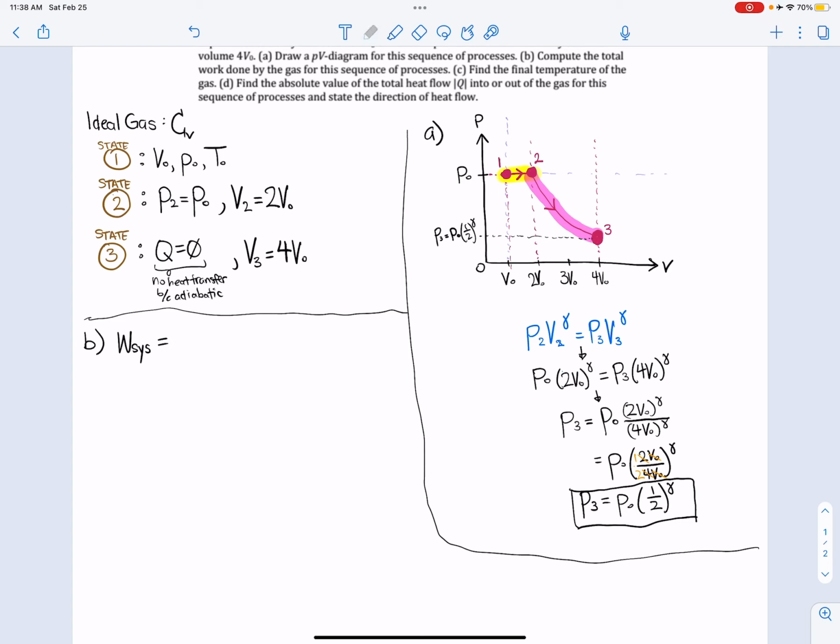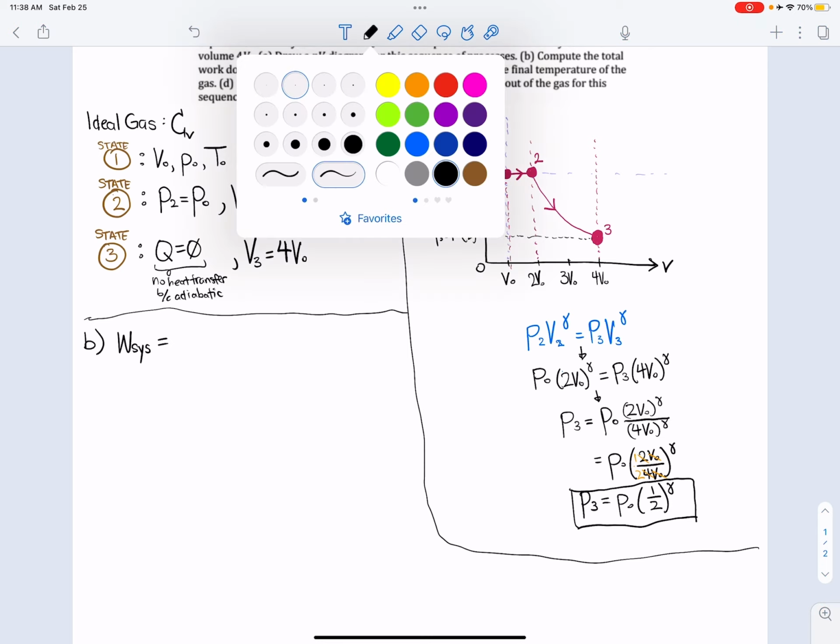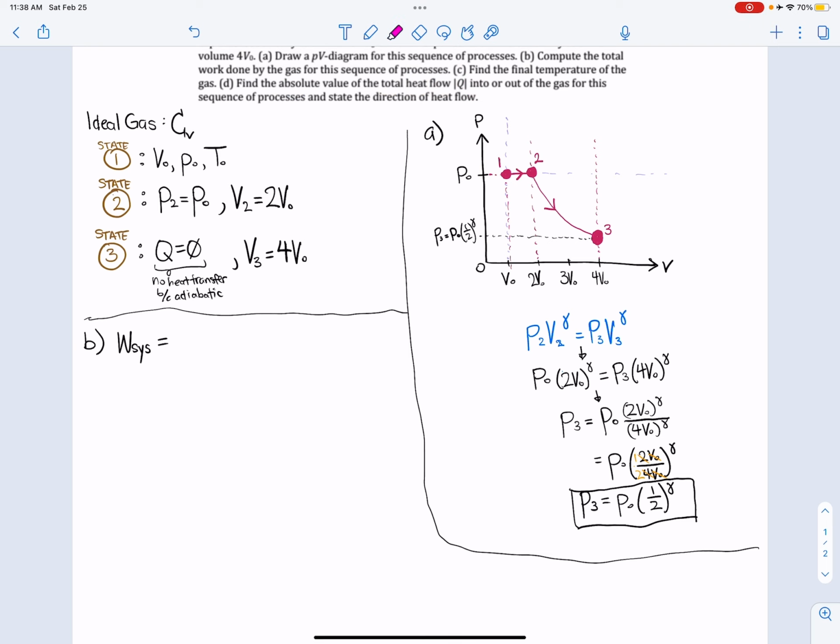So that will equal the work done by the system from 1 to 2, I'll just rewrite that as W 1,2 for simplicity, plus the work done by the gas from state 2 to state 3, right? So we have to find two things here.